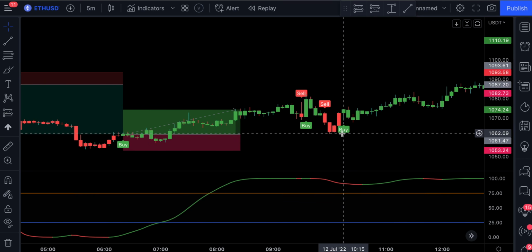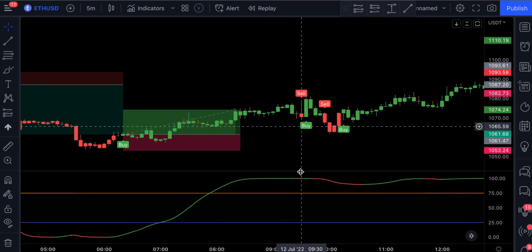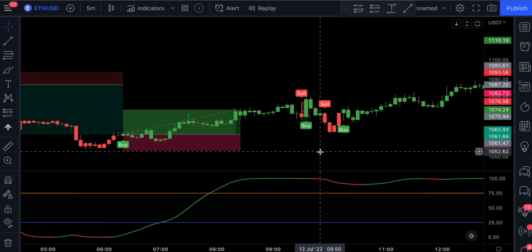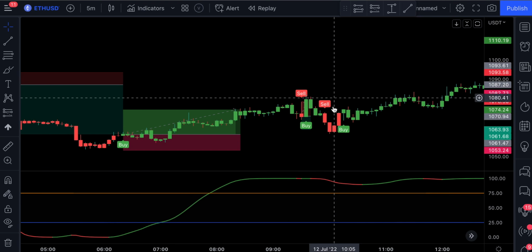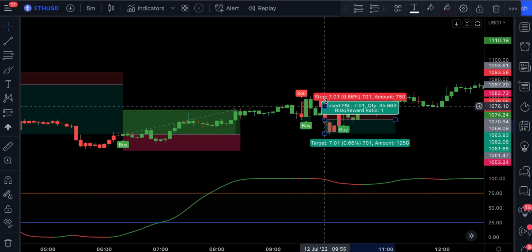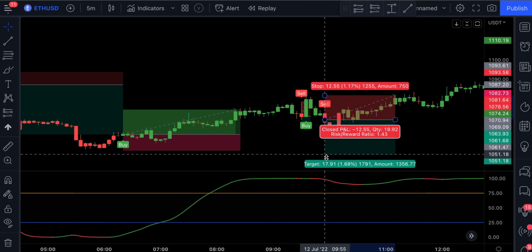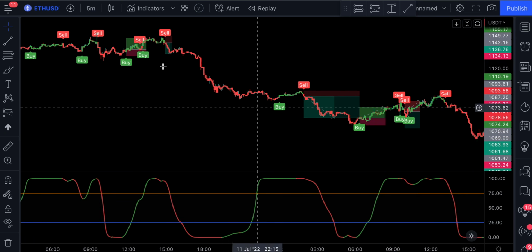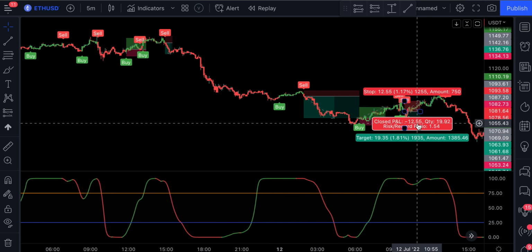Okay, so this is where we start having some problems with the strategy. So we see that this sell signal was actually confirmed. And we clearly see that this was a losing trade. The next sell signal was also confirmed. And this is where we have another losing trade. So that's 4 wins against 2 losses, which is definitely pretty good.